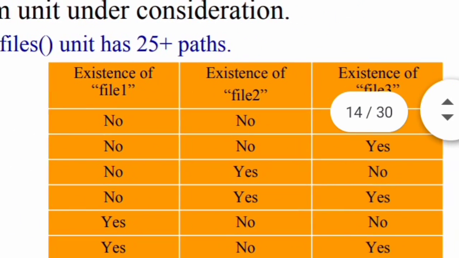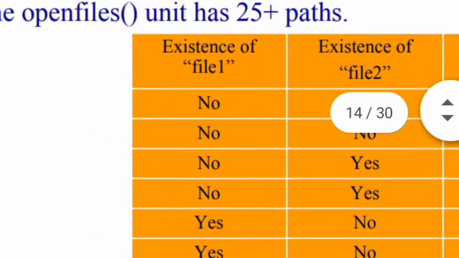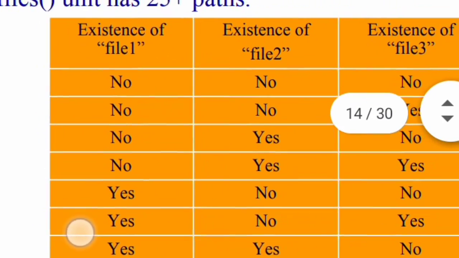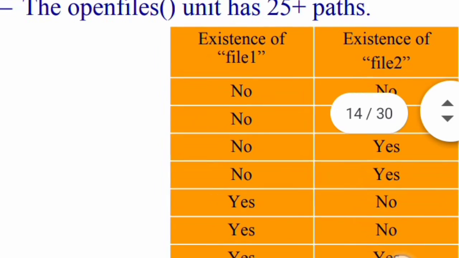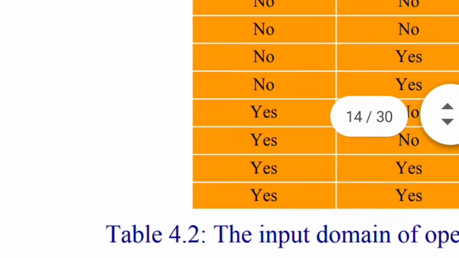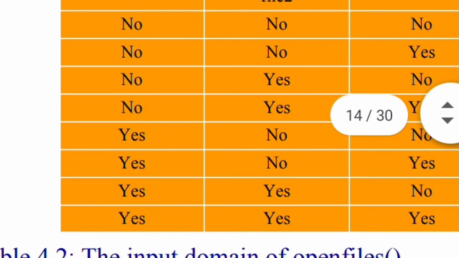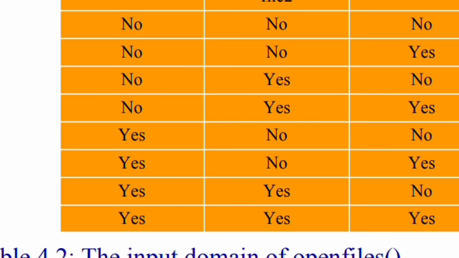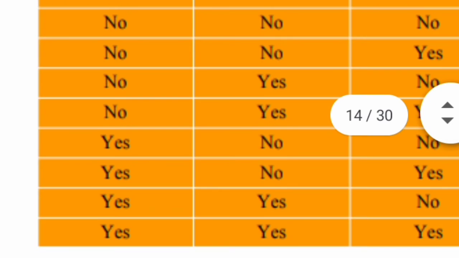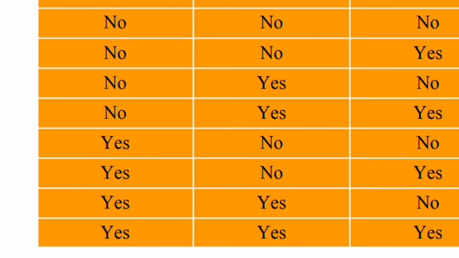Path selection criteria, here all path coverage criteria: select all paths in the program and unit under consideration. The open files unit has 25 plus paths. If you carefully observe the control flow graph of the open files unit, we observe the input domain of open files: existence of file 1, existence of file 2, existence of file 3.